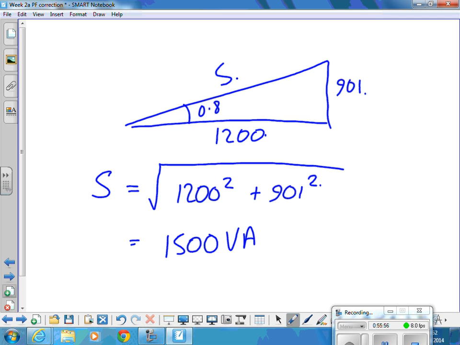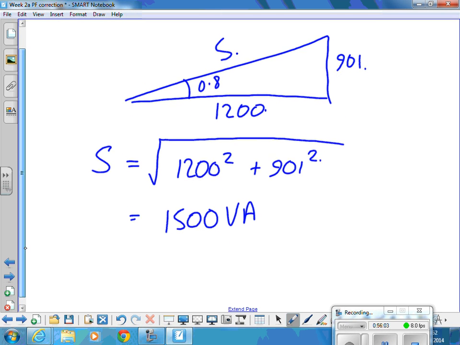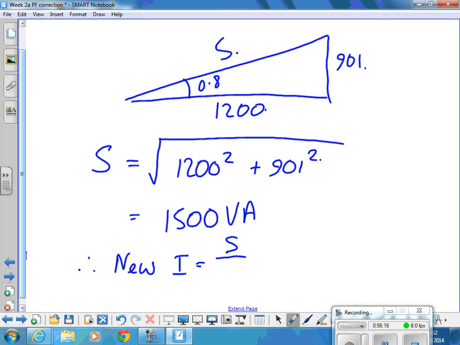Therefore, I is S over V. It's 1500 over, what's the voltage for this circuit? Remind me. 200. 7.5 amps.